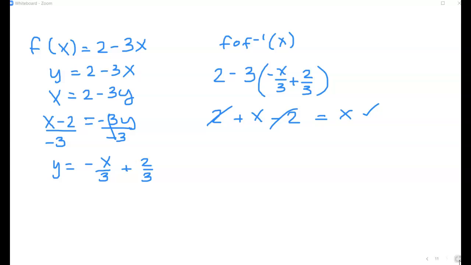So f of f inverse x should equal f inverse f of x, which should equal x. And that proves they're inverses. That is known as the function composition test. X is known as the identity. If we did the reverse of that, we would see it was also true.